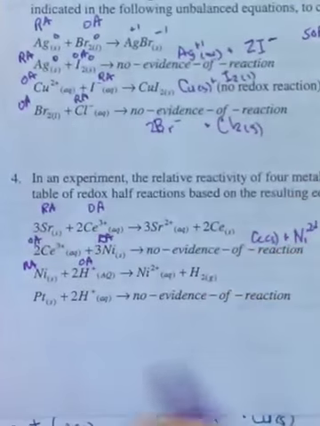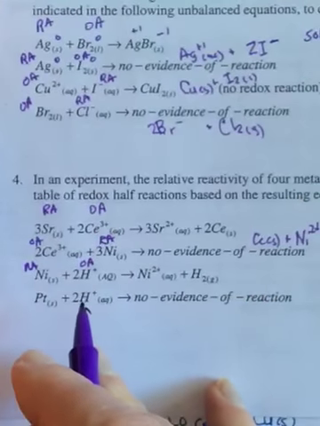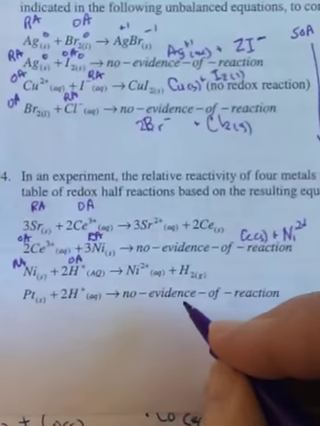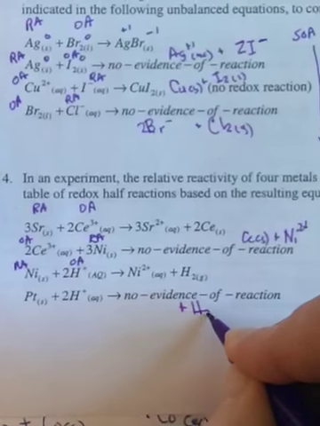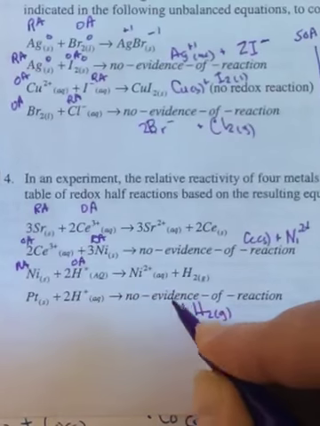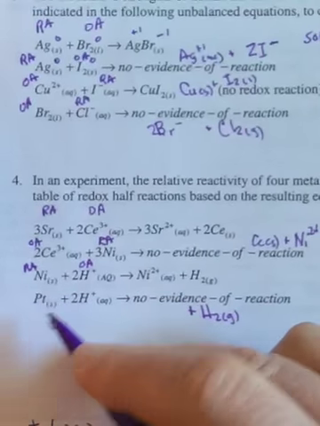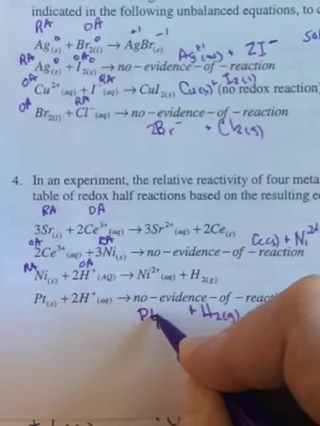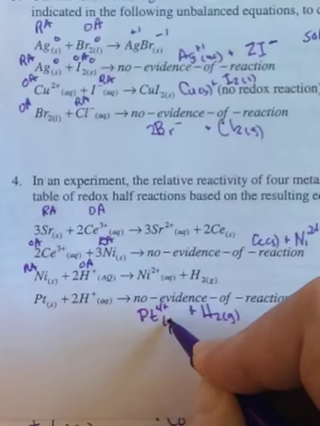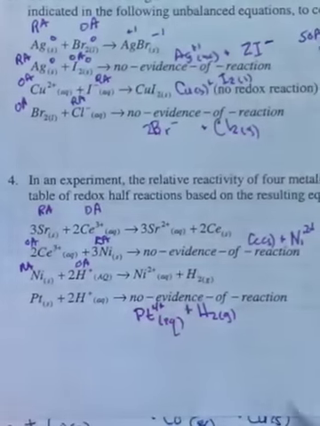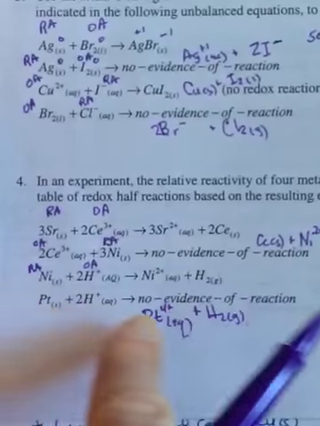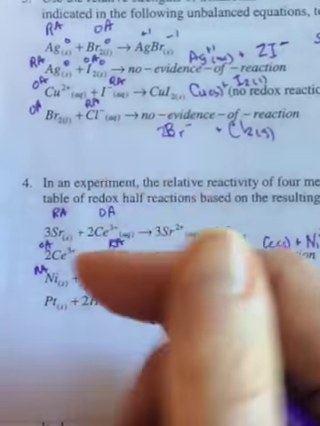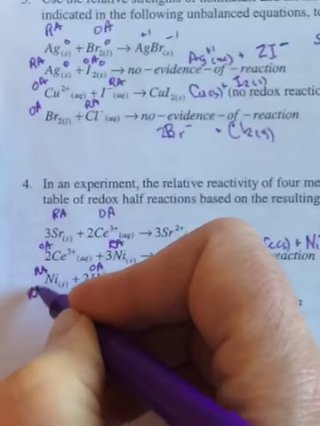All right, last one. Pt going to 2H+. So obviously this is going to be hydrogen gas over here. And Pt, if you look at it in the periodic table, it'll show you that its most common ion is Pt4+ aqueous. Okay, so Pt is definitely losing electrons, which means it's being oxidized, which means it's the reducing agent.